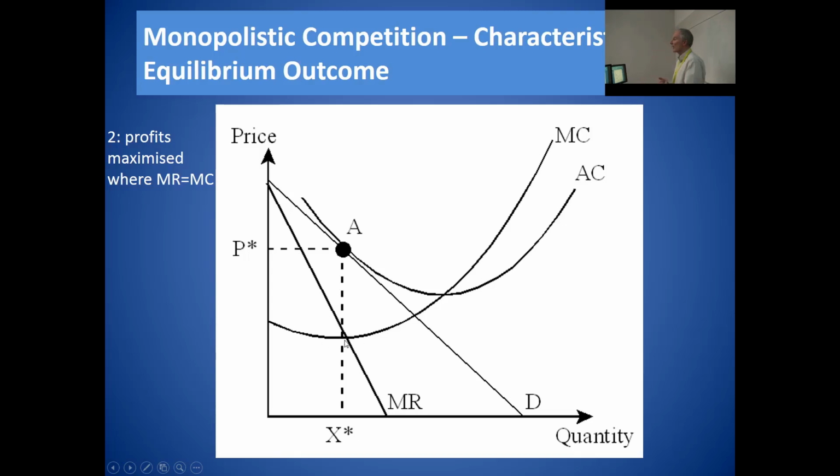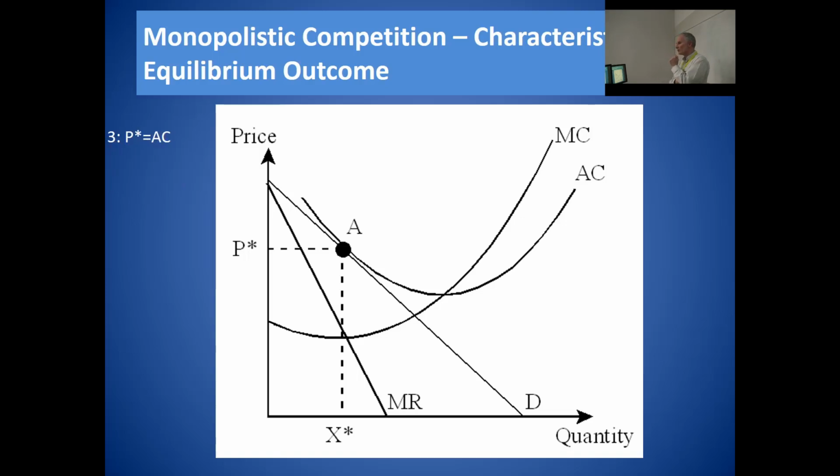So the most profitable level of output to produce is the level of output X star. If you produce that profit maximising level of output X star, you can charge a price of P star. So that was point 2: profit maximising output, where marginal revenue and marginal cost are equated. Those 2 points are fairly straightforward.